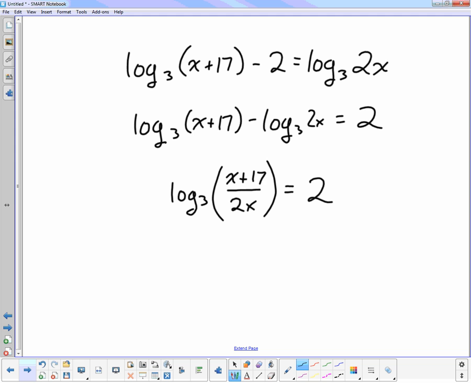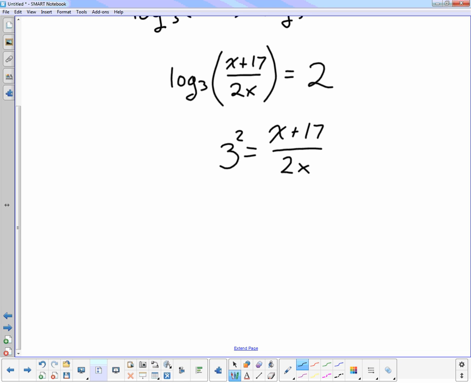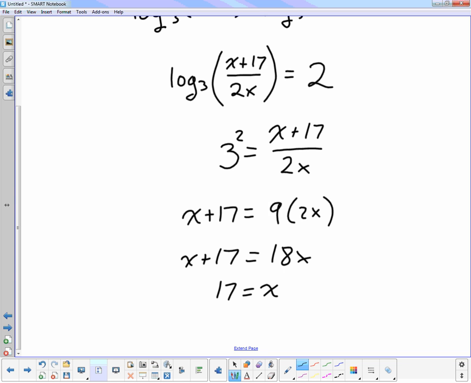Either one applies, and you'll wind up getting 3 squared is equal to x plus 17 all over 2x. So rearranging, three squared is 9, multiply both sides by 2x, and you wind up with this. And so now 18x equals x plus 17, so 17 is equal to 17x. There was a 2x in the denominator, multiply both sides by it.